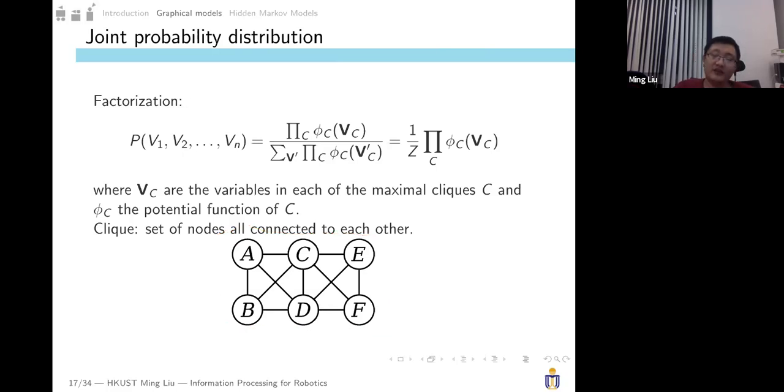You see that you have the correlation among the random variables, that's the edges between all these random variables. And how can we compute the joint distribution?